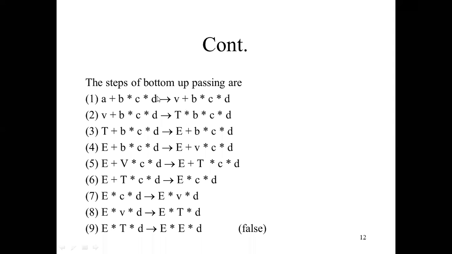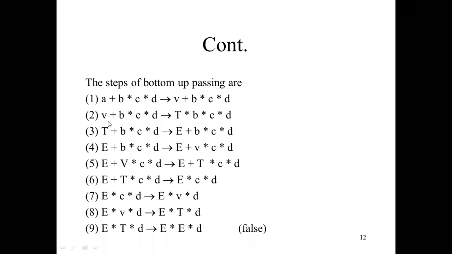This is our original input string, as provided in the problem. After moving one step, I am replacing this A by V, then we have this sentential form and we are again writing this sentential form towards our left hand side.